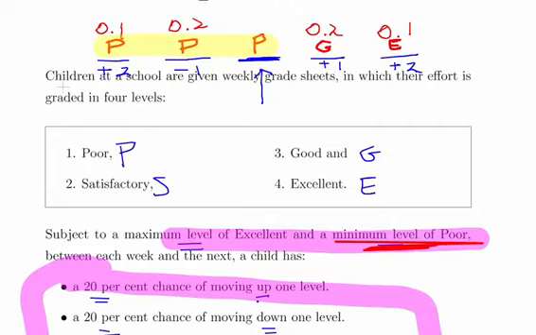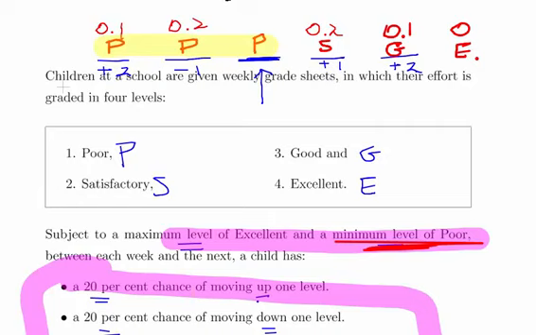The next stage up will be satisfactory, and then good. And it's not possible to go up to excellent, so 0 to go up to excellent.